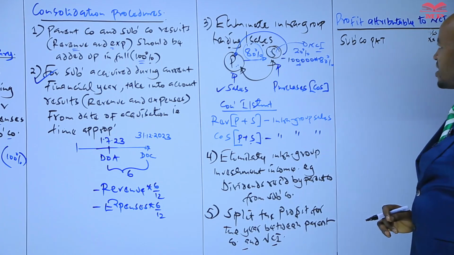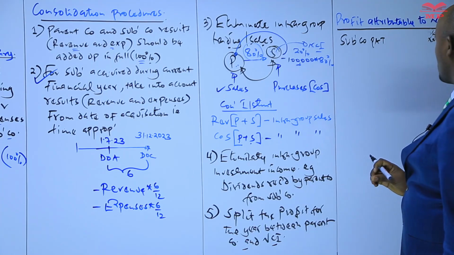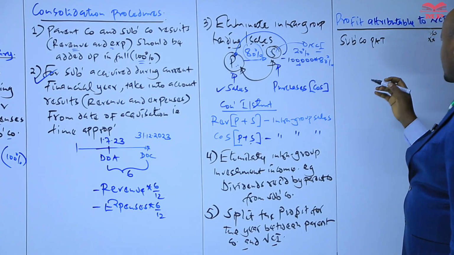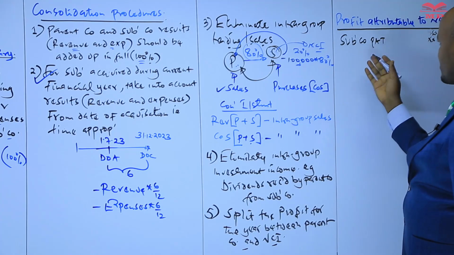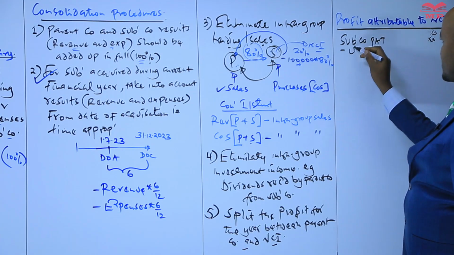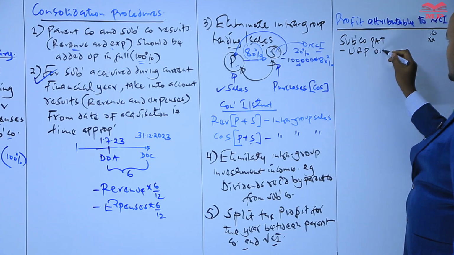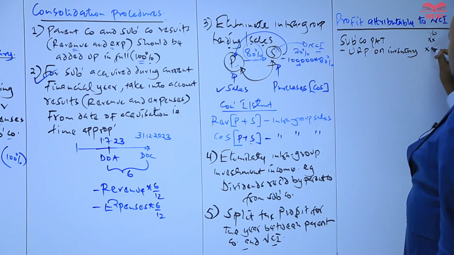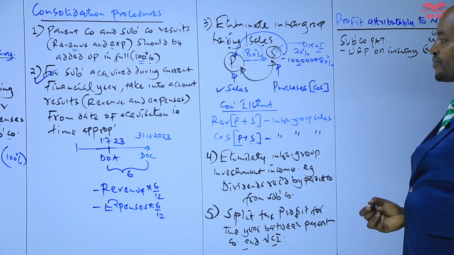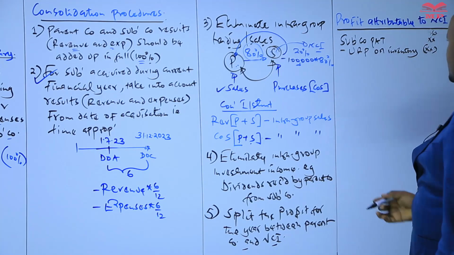So you take that particular profit of the subsidiary, that is profit after tax of the subsidiary, and this particular profit should be adjusted with a number of items. Like one, if the subsidiary company had any unrealized profit on inventory, this one should be eliminated, should be deducted there.